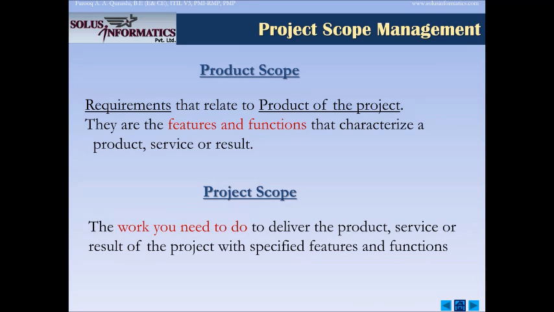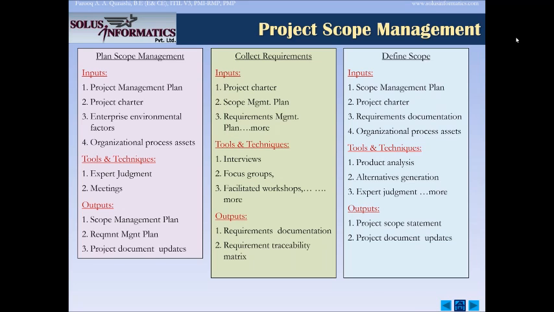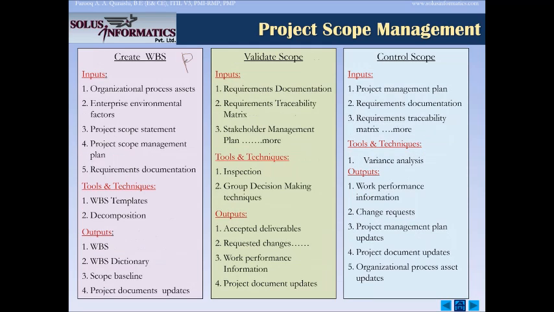So basically, we have 6 processes out here. The first process is to plan scope management. This happens as part of planning the project. The second process, collect requirements, is again happening as part of planning. You define the scope of the project in planning. And then you create the WBS, the work breakdown structure, in planning.